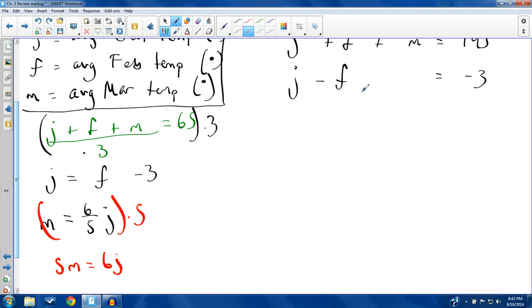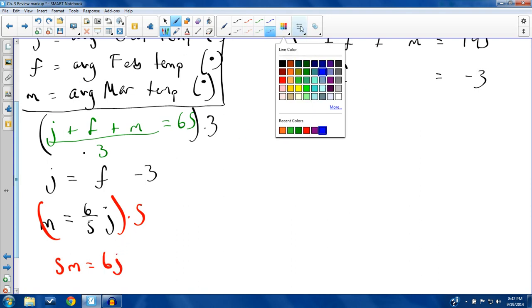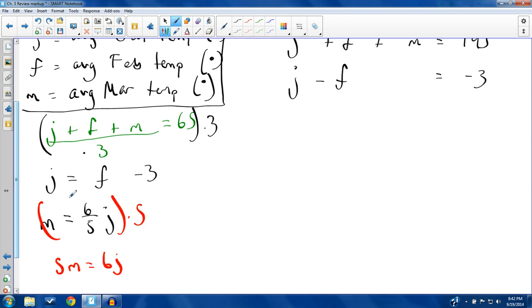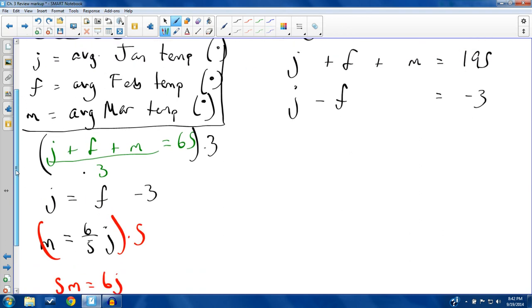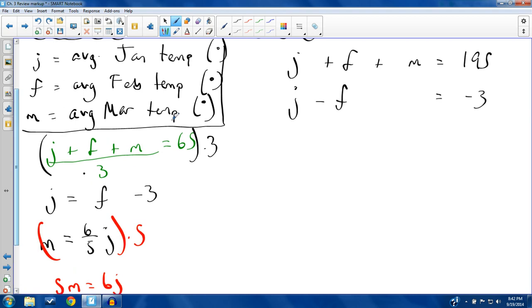And if I want to write this in terms of these equations over here and create my system fully, let's go ahead and subtract 5m. I'll get 6j minus 5m equals 0, actually.